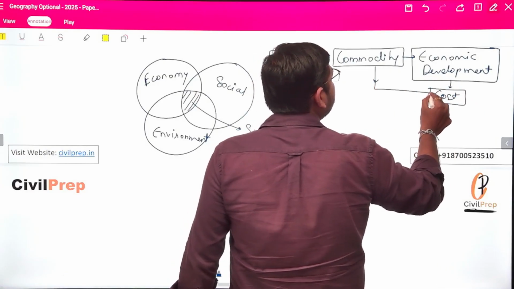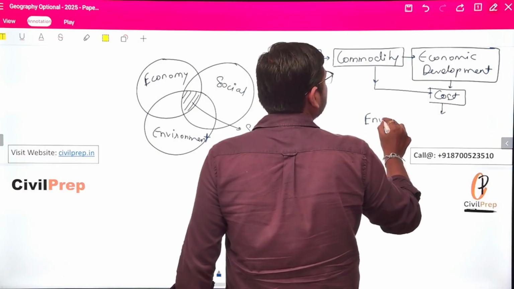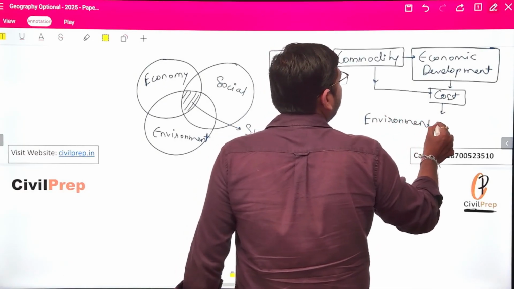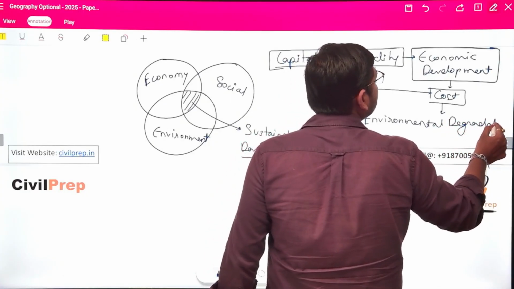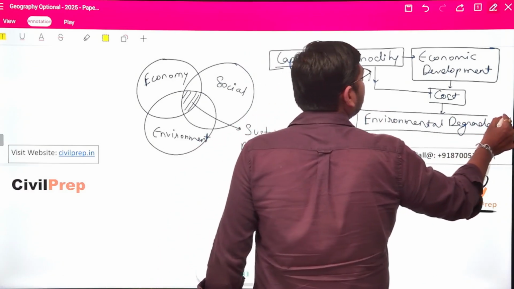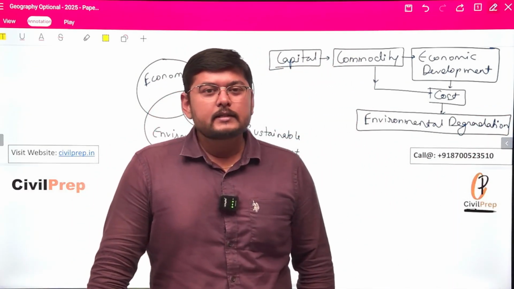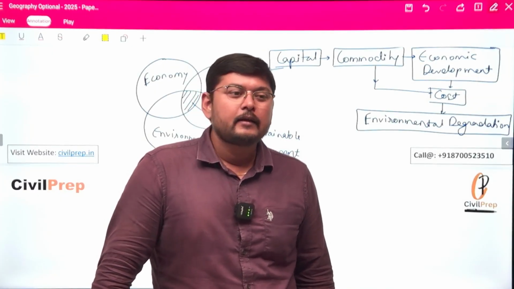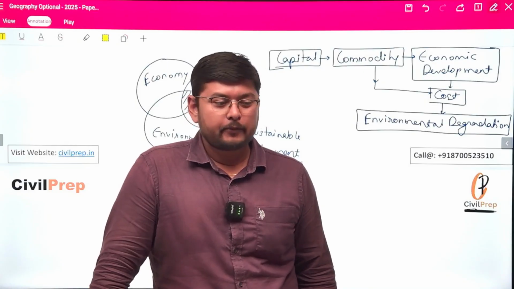What cost is it bearing here? It is bearing the cost of environmental degradation. Currently, we are seeing that in certain cities of India, like New Delhi, during the winter season the AQI level reaches 450 to 500.